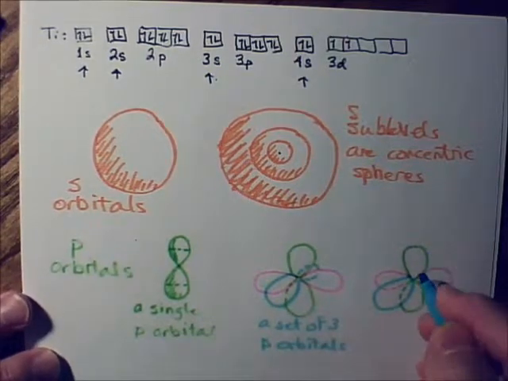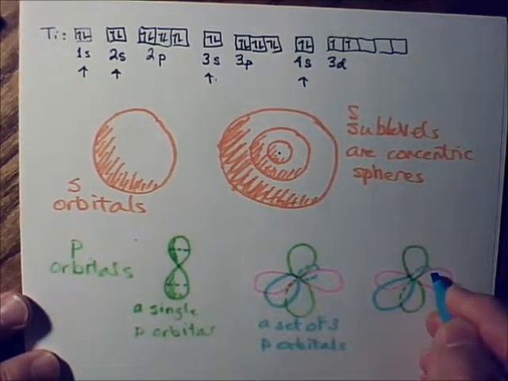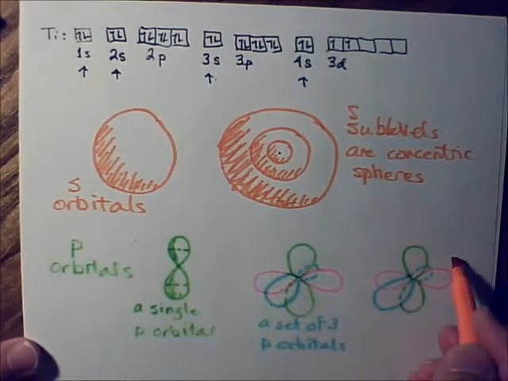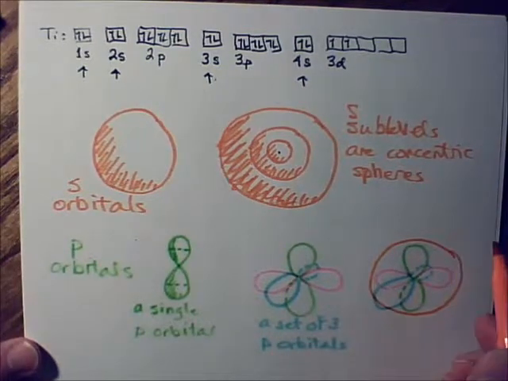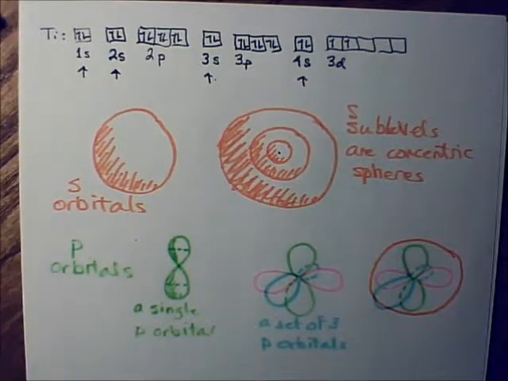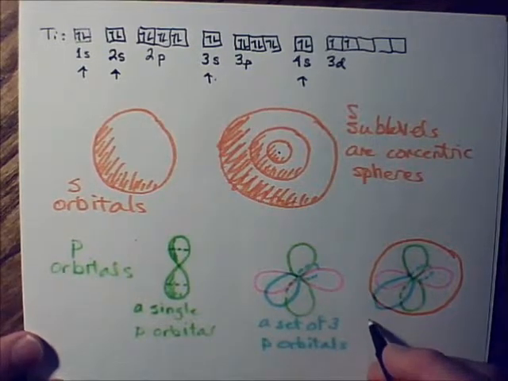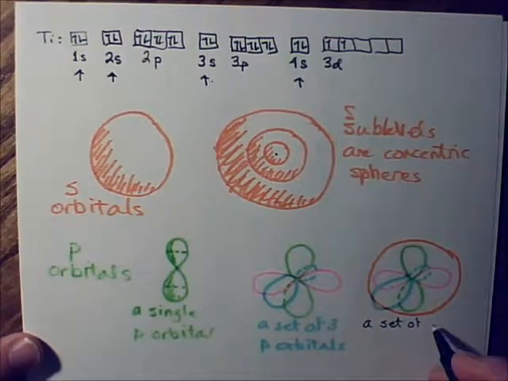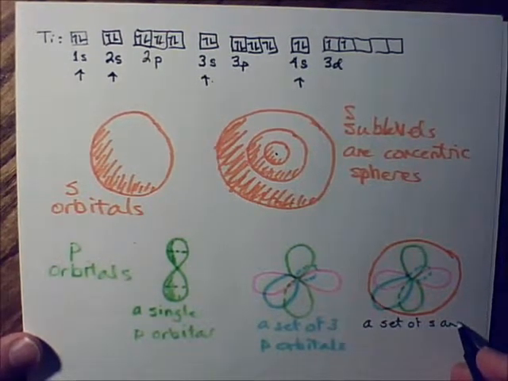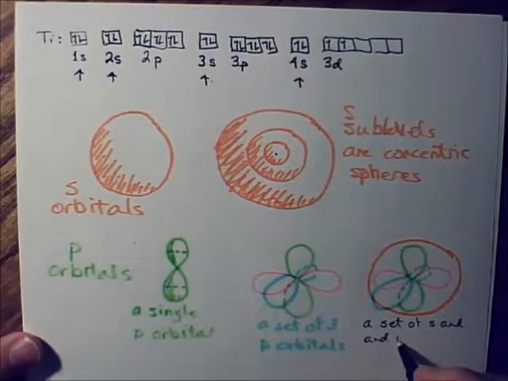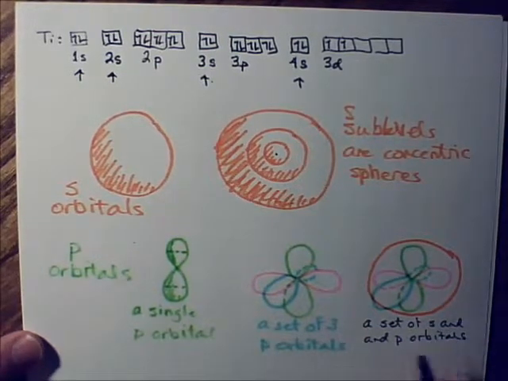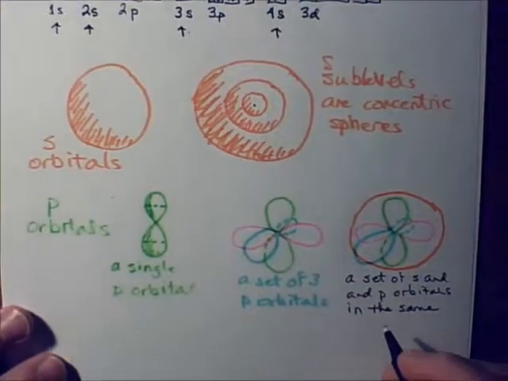And let me finish the one in the back now that I've got everything kind of in front. And then the s orbital would surround all of that. So then this shows what a set of s and p orbitals in the same primary energy level.